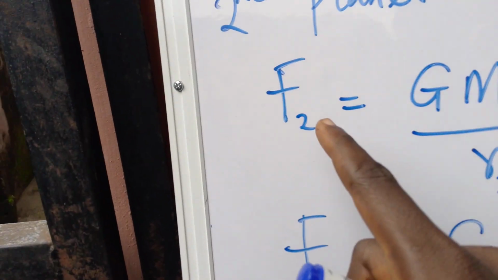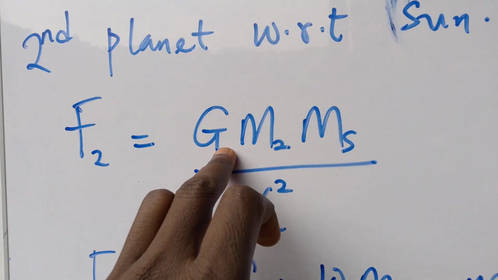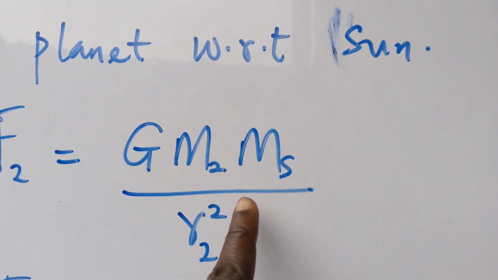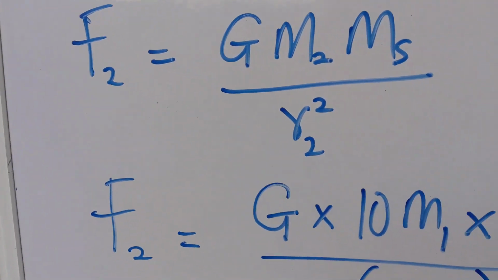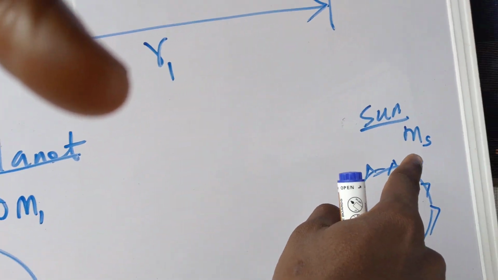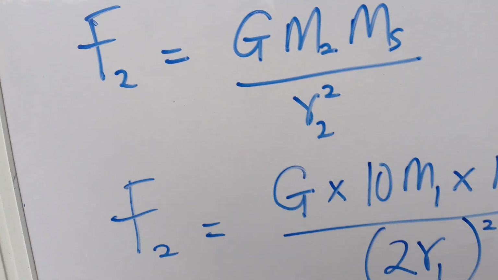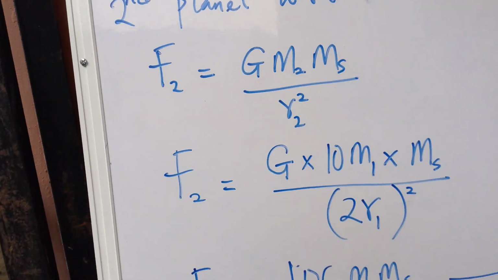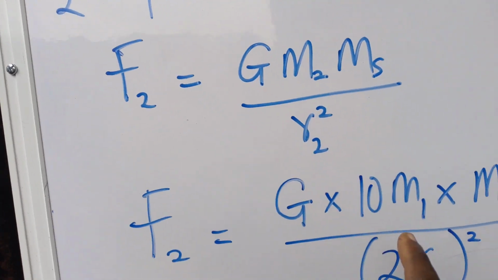Now we look at the second planet with respect to the sun. The force of attraction F2 equals G m2, where m2 is the mass of the second planet, times the mass of the sun, ms, all over r2 squared. We remember we are told that m2 equals 10 m1, so in place of m2, I'll write 10 m1.